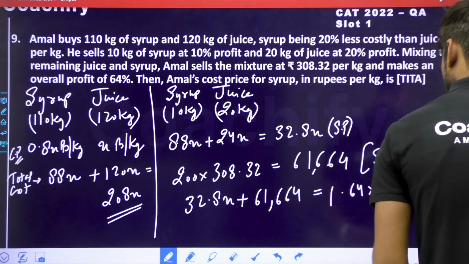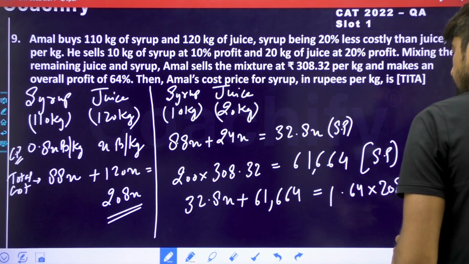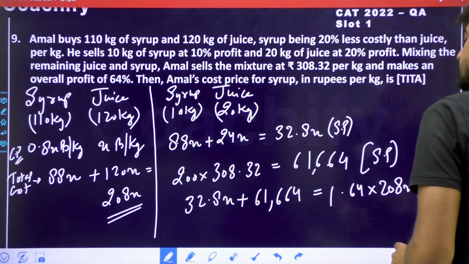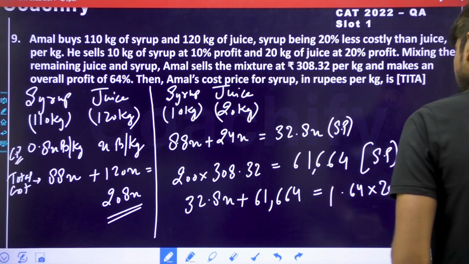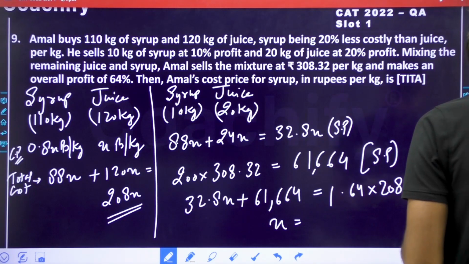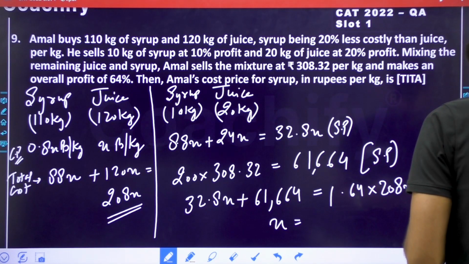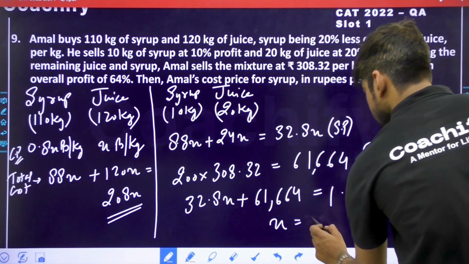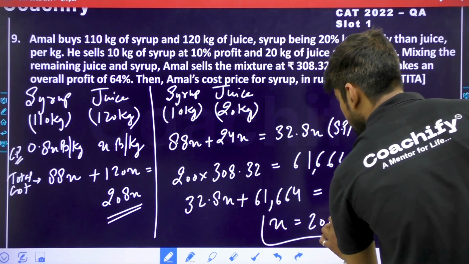Now when we divide 61,664 by 308.32, we'll find our value of x. The value is coming out as 200.